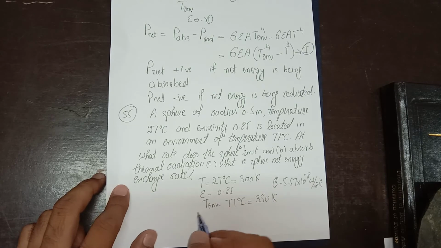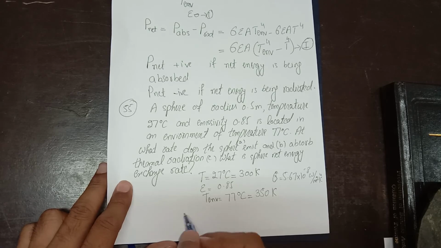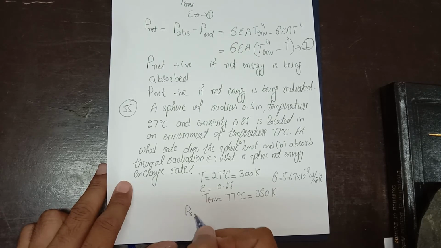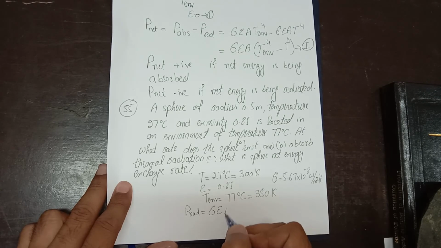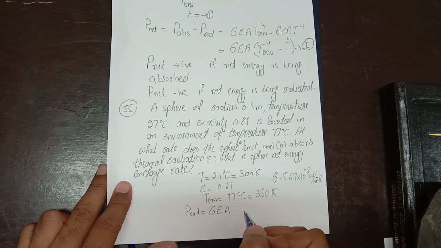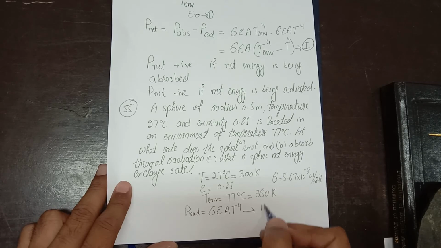Now using equation G, I can find out the radiation rate by sigma epsilon A T4. Let me call this equation 1.